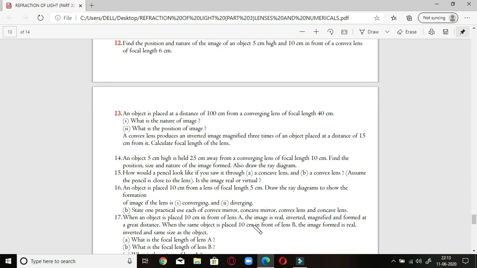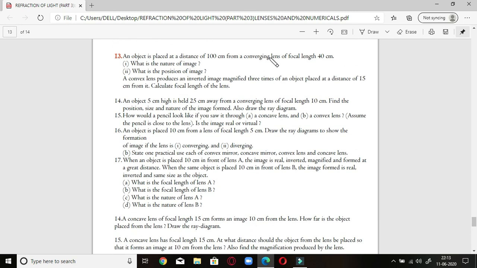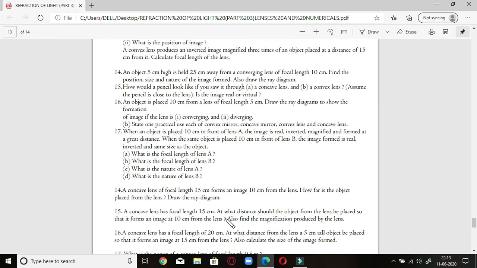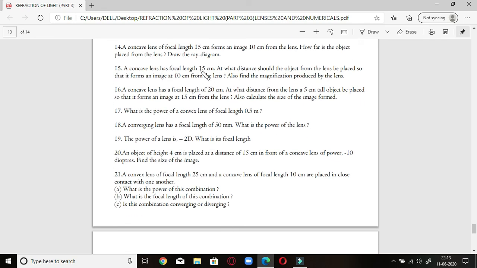And after that, for the convex lens, diverging and converging both lenses are there. Now concave lens questions are coming up here. Question 15 is a concave lens. They are all practice questions, you must solve them to strengthen this topic, otherwise generally your marks are deducted in these topics.